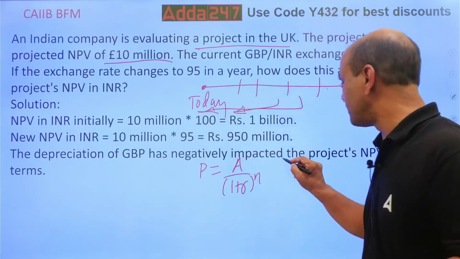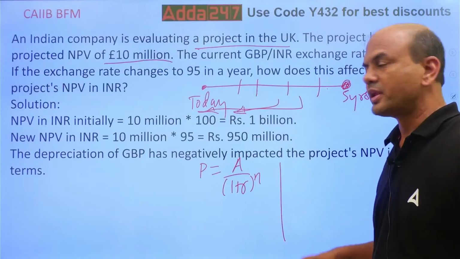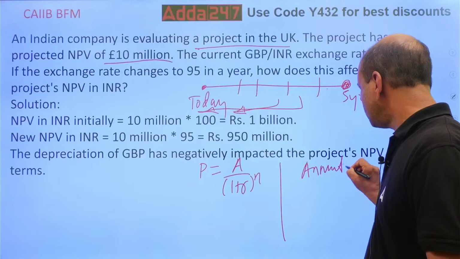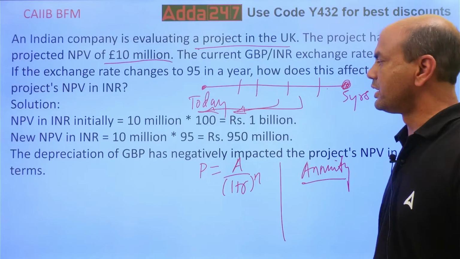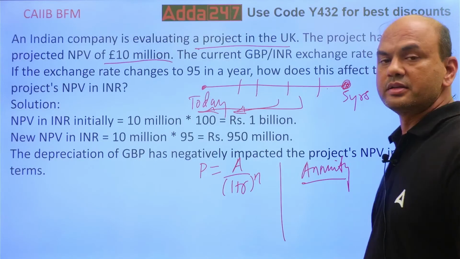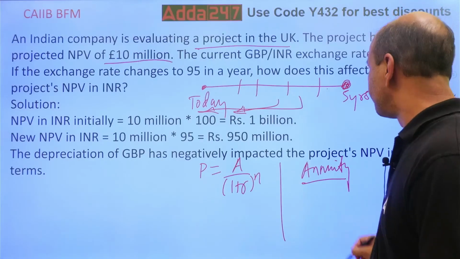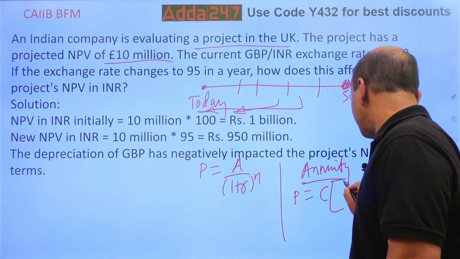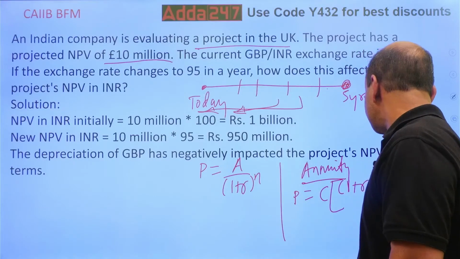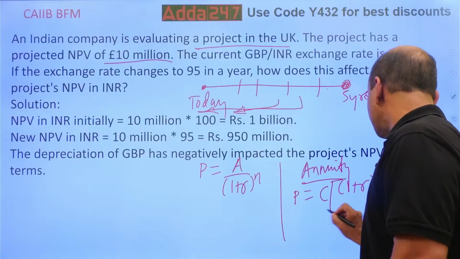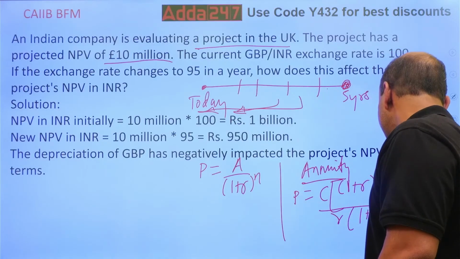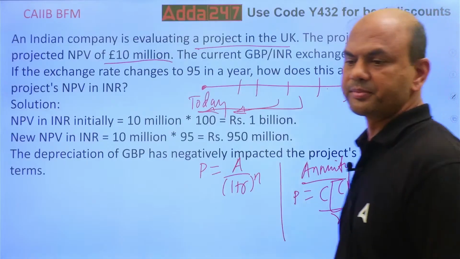The second type of present value is annuity. In annuity, we use the annuity formula: present value equals C into ((1 plus R) raised to N minus 1) upon R into (1 plus R) raised to N. This is the ordinary annuity formula.